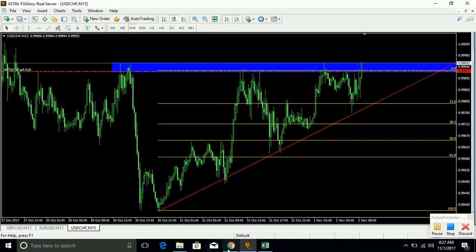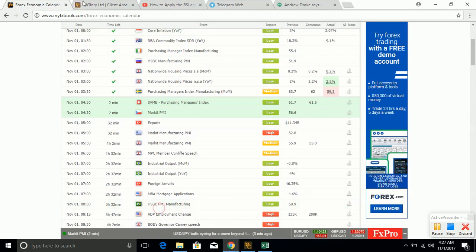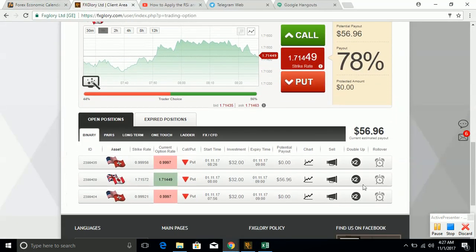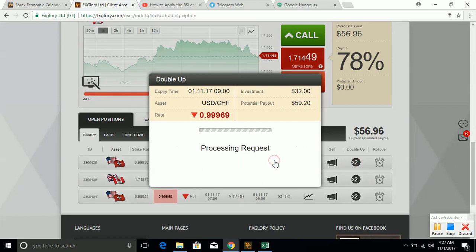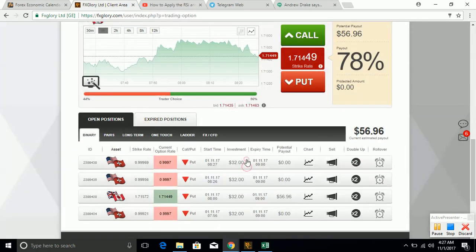So what I did was I took another short, and I'm actually going to take just one more. Mind your balance. If you don't have a high balance, my balance is over $500, so I'm able to use a bigger trade amount. If need be, use $5 to $10 per trade.